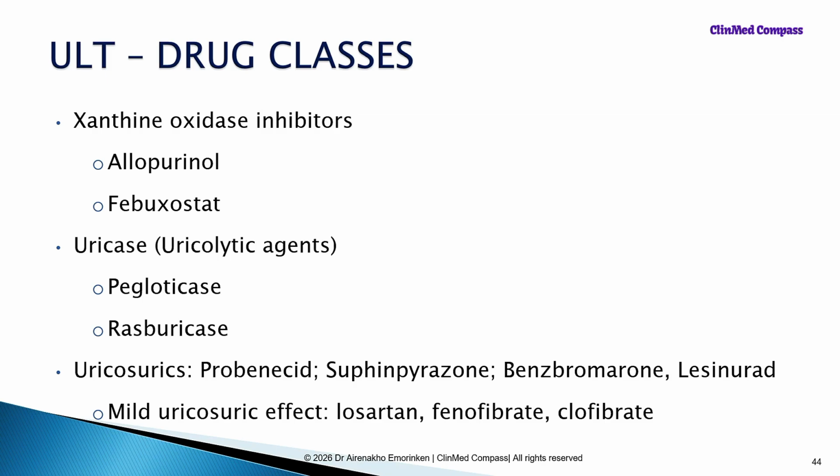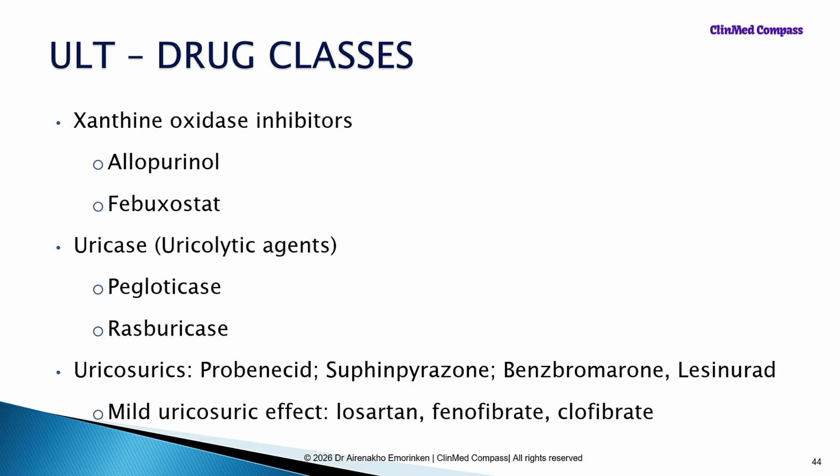Uric acid lowering therapy medications fall into three main classes. First are the xanthine oxidase inhibitors, allopurinol and febuxostat, which reduce uric acid production. Second are the uricase or uricolytic agents like pegloticase and rasburicase, which enzymatically break down uric acid.